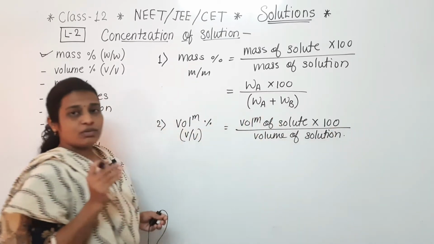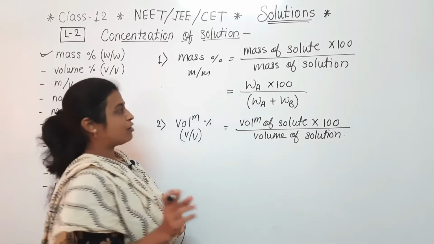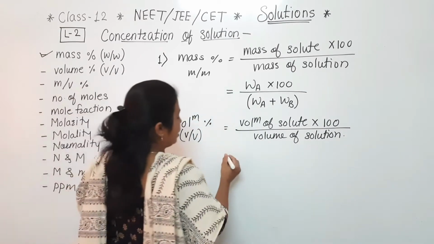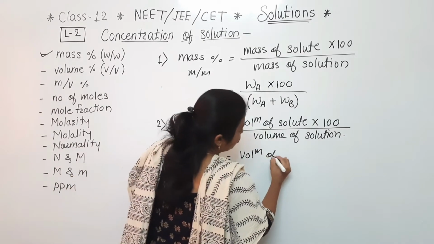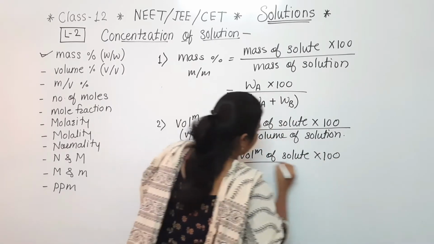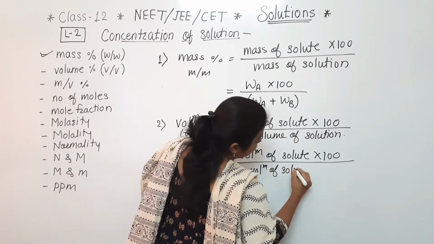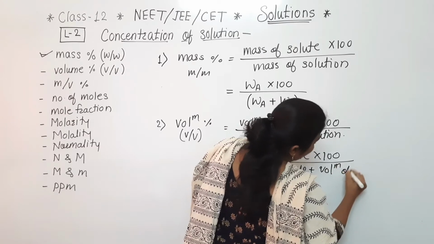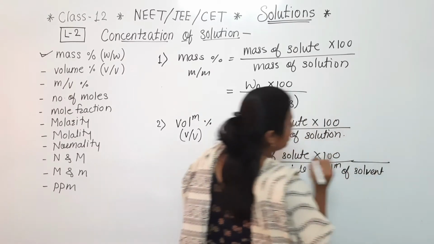In today's lecture we will discuss only the formulae part, and in the next lecture we are going to start with the numerical based on each and every formula. So this formula also can be written like volume of solute into 100 divided by volume of solute plus volume of solvent. So this is another way to express that formula.